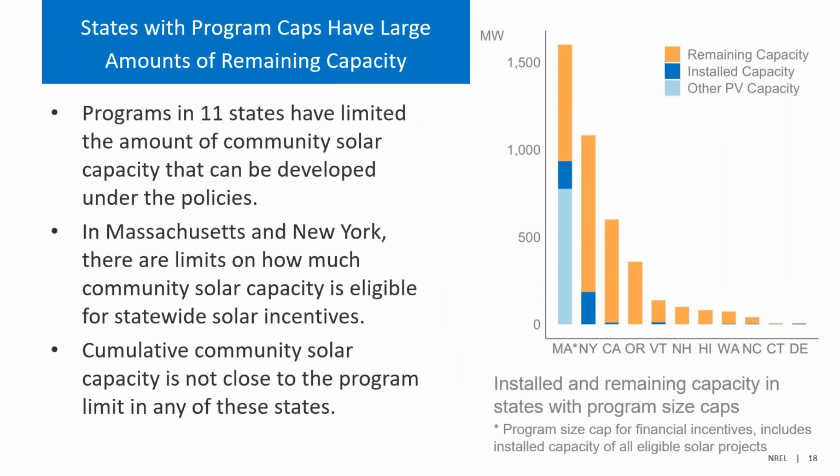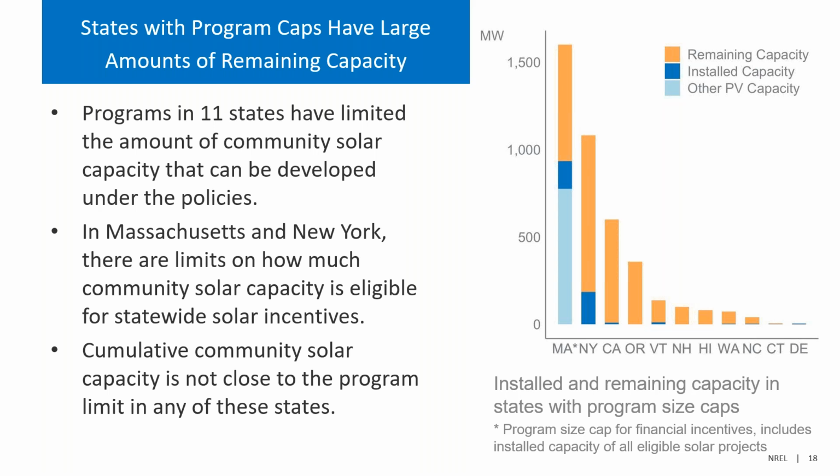So we also have community solar programs that have caps themselves. This is not related to the individual project, but how much community solar can be developed as part of a statewide or utility-wide program. We have 11 states that have some type of cap along those lines.